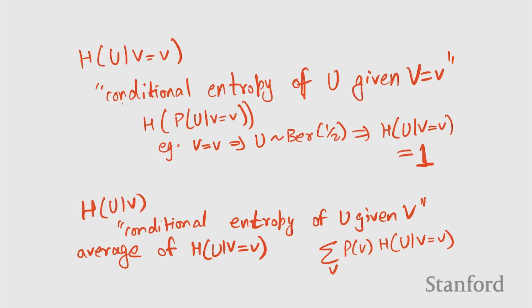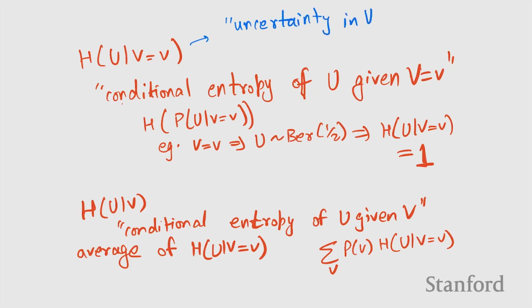So can you guess what is the meaning of the conditional entropy of U given V equal to v, based on what we know about entropy already? So let's say knowing that V equal to v, small v, makes U deterministic, then the conditional entropy will be very small. So the conditional entropy is really the uncertainty left in U, given that you know something about V.